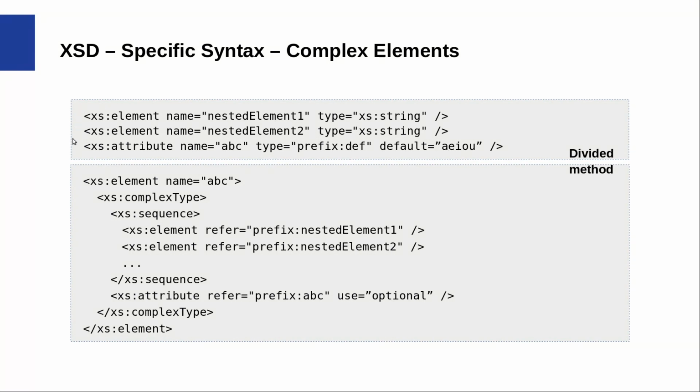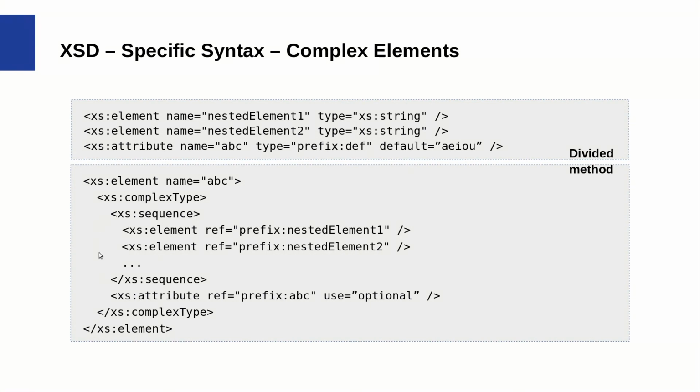And later, after we declare the simple elements and the attributes globally, we start declaring the complex elements, in this case a single complex element, which would probably be the future root element, xs:element with a name ABC. Then inside and nested to the element, we start declaring the complex type with the xs:complexType element.